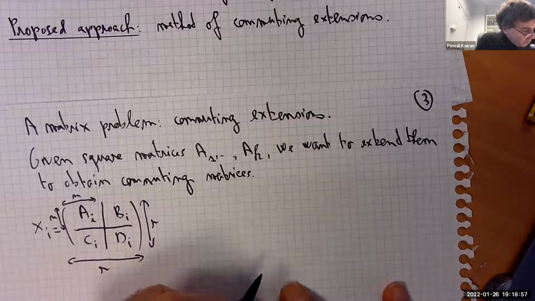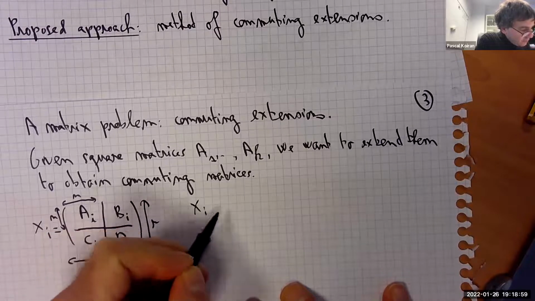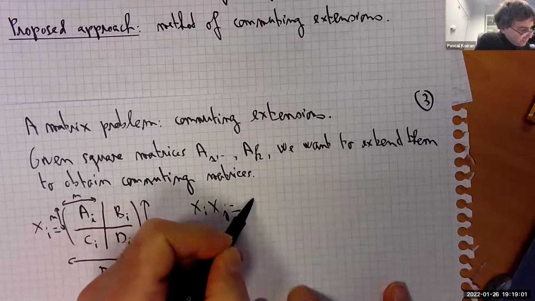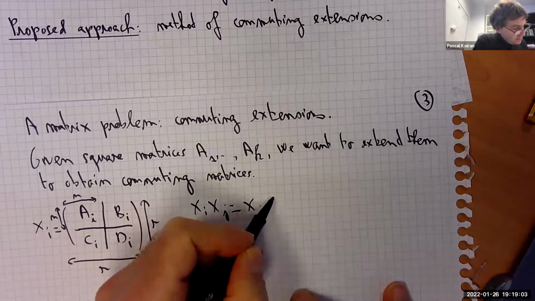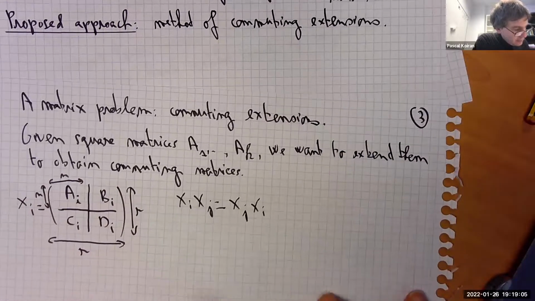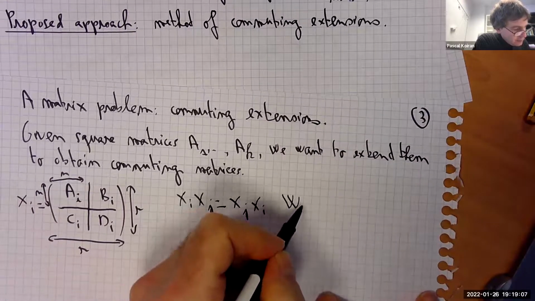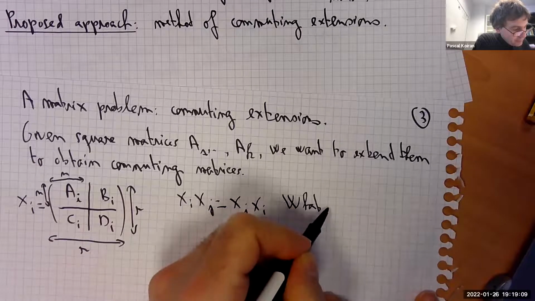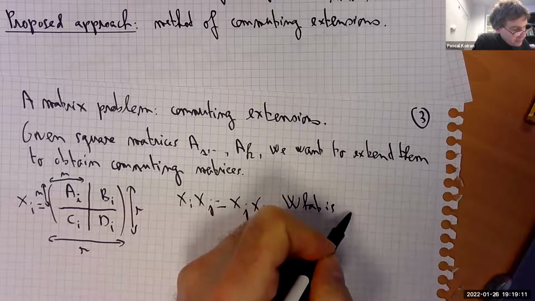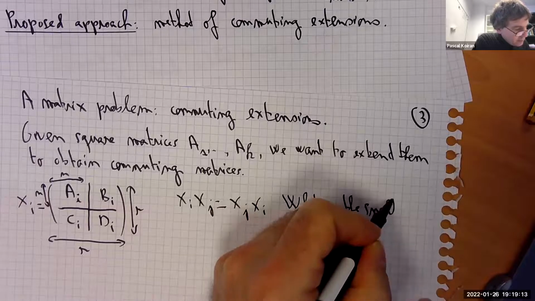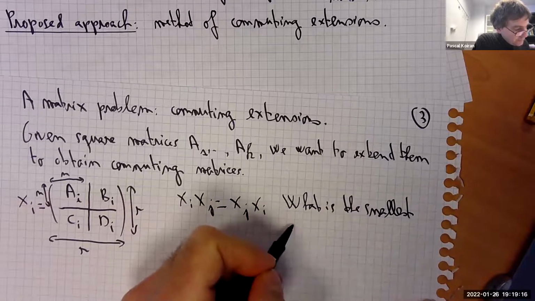We want all the pairs to commute, and we are looking for the smallest possible R.